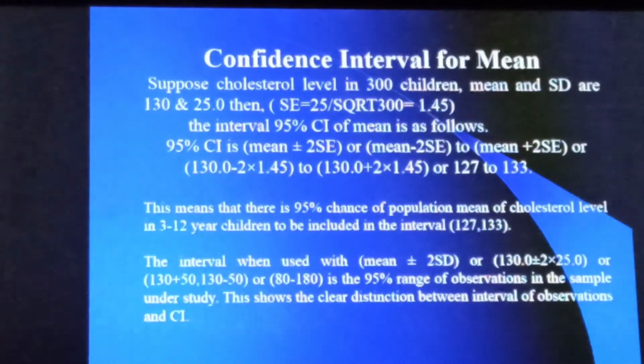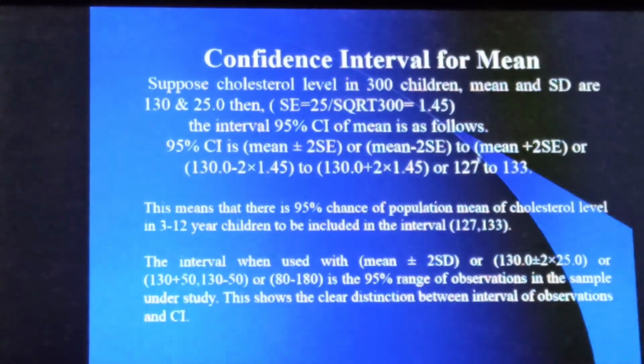Now we will take another example. Suppose we have cholesterol levels of 300 children, and we know that the mean and standard deviation are 130 and 25. We can compute the standard error as 25 divided by the square root of 300, which is 1.45. So the 95% confidence interval, by substituting, we get 127 to 133.